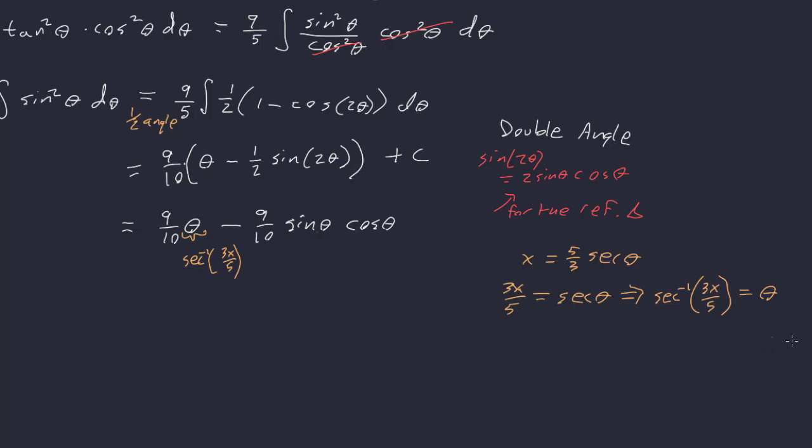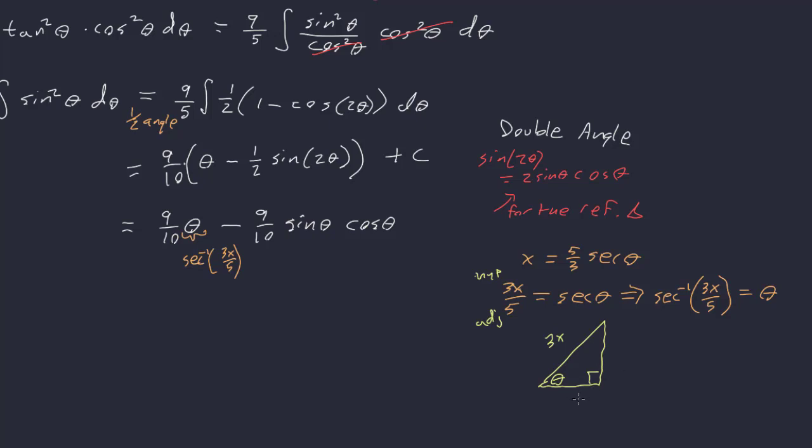Secant flips cosine, so it will be the hypotenuse over adjacent. So here's our right triangle. The hypotenuse is 3x.